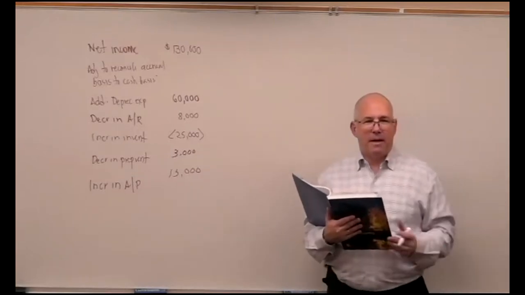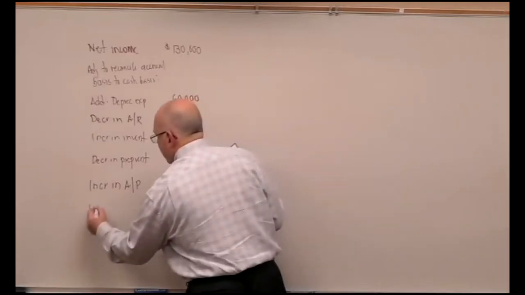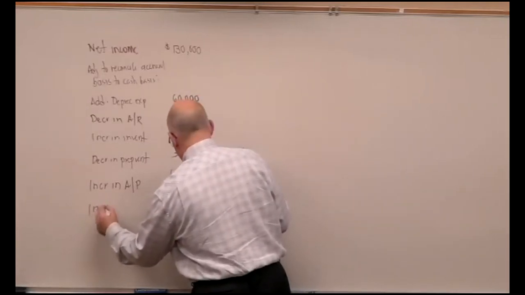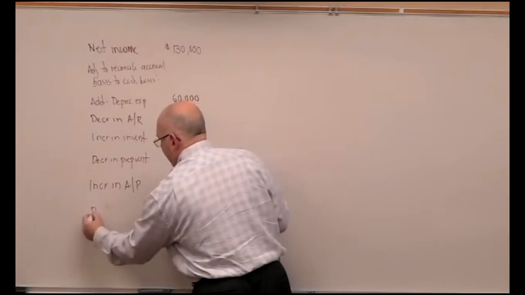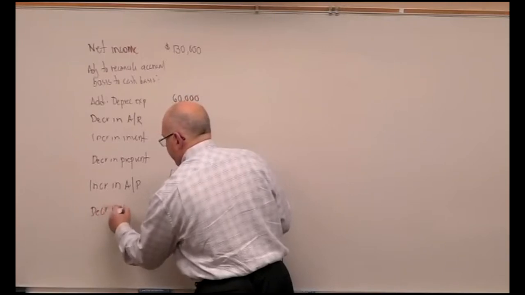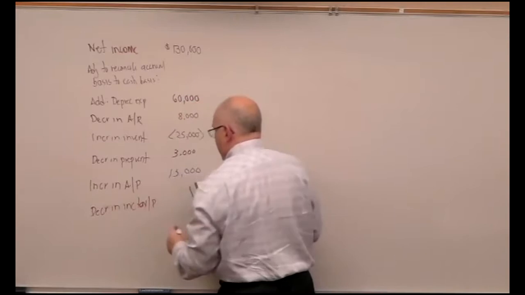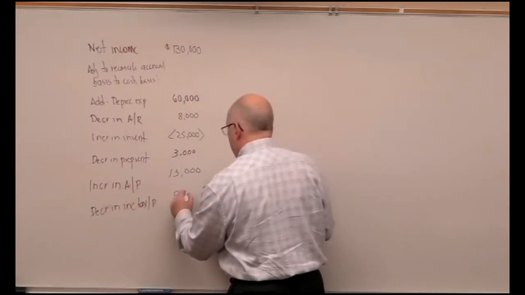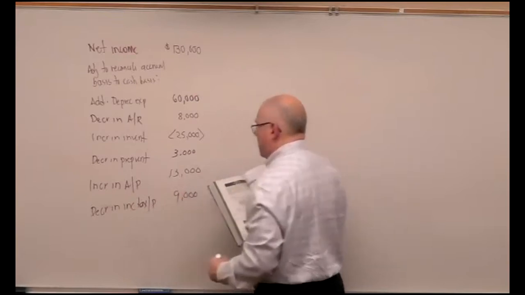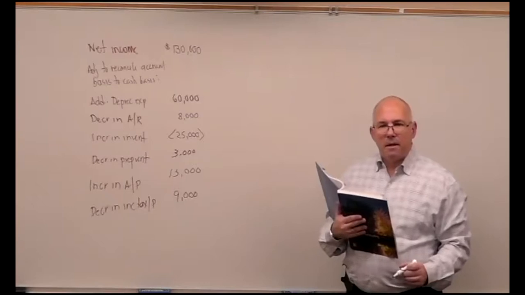We still owe the money. And income tax payable went down 9,000. Positive or negative adjustment? Negative.